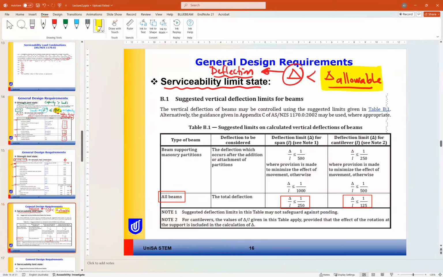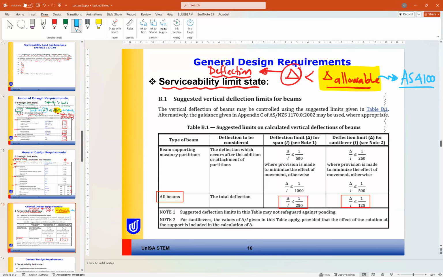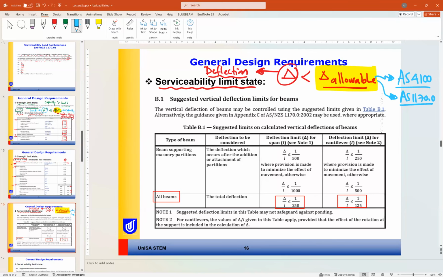Delta allowable is the allowable limit of deflection given by the Australian Standards AS 4100 and AS 1170.0. So these limits are given in two standards based on some cases. So as you can see here, Appendix C of AS 1170.0, or this table here from AS 4100, Table B1.